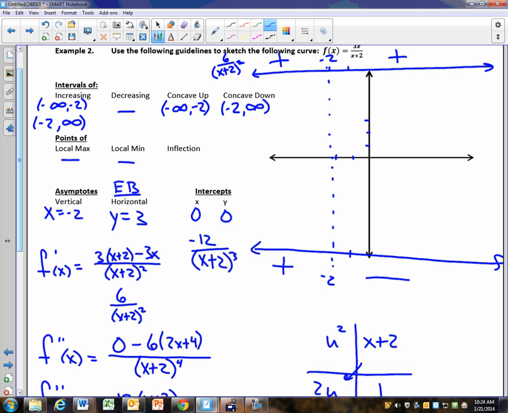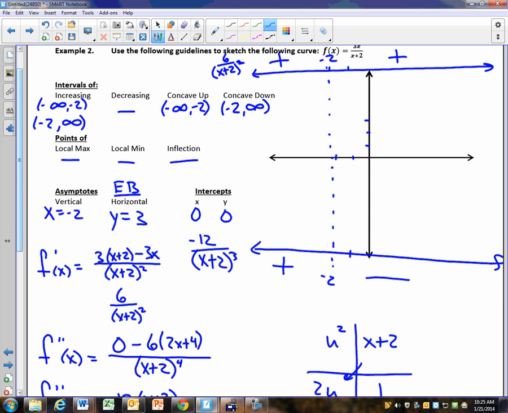So we don't list it as an inflection point because we can't plot it. But without a doubt, it would be correct to say negative 2 is where you would change concavity. You know what I mean? So we'll leave it at that. We have no inflection because the top is never equal to 0, and that's really the answer. In order to have an inflection point, the top has to be equal to 0 at some point.